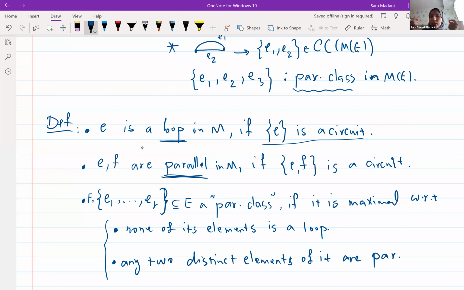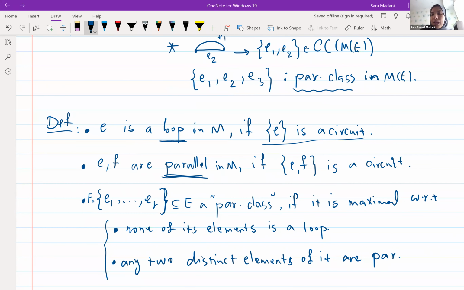So if you take any pair, E1 and E3, E1 and ER, any pair, they should provide a circuit of cardinality 2 if you see the second item here. So a set with these two properties and maximal with these two properties is called a parallel class.